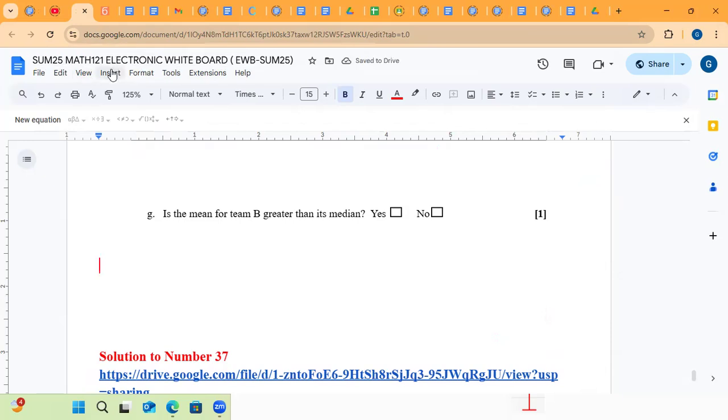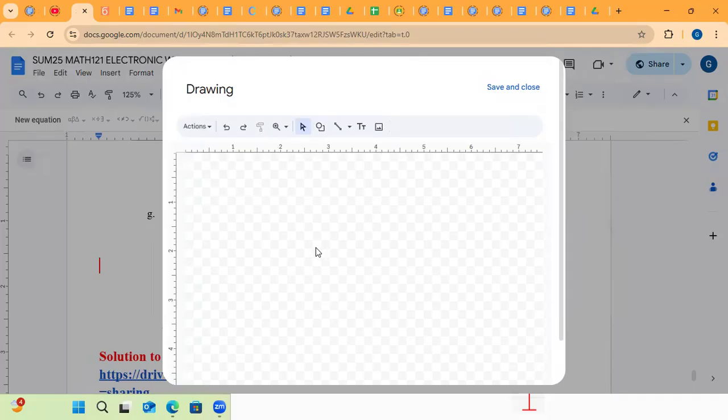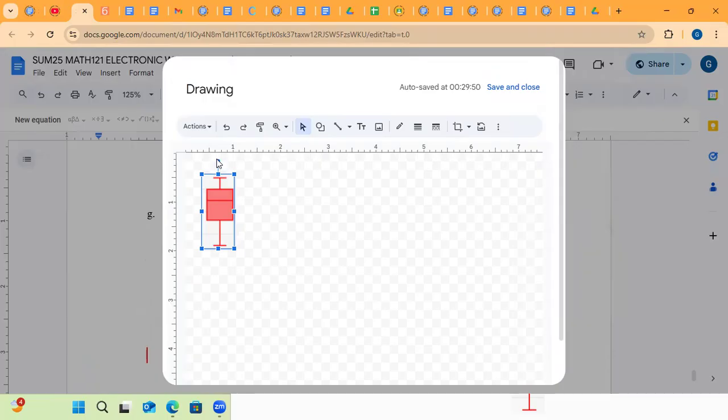We can insert this in a new drawing and rotate it accordingly. Right? So that's 3 here and that's 9 there. So it's skewed towards the left.